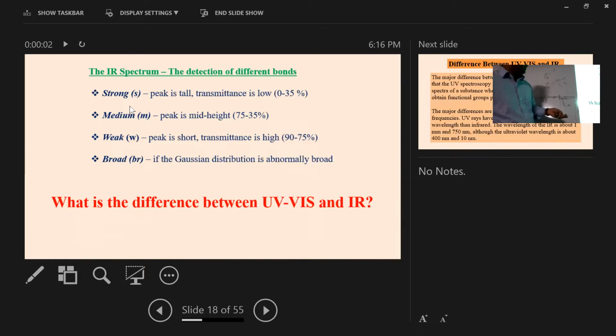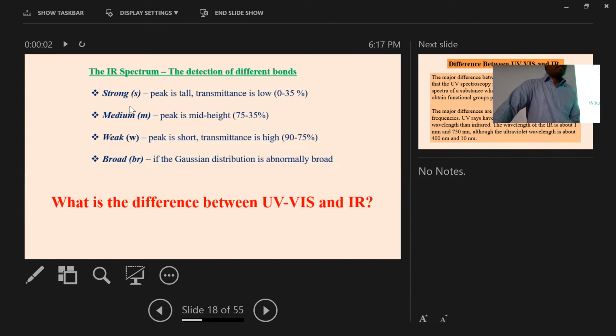Okay. What is the difference between UV and IR? In last class we learned about UV and today we are learning about IR. Then what is the difference between these two techniques?